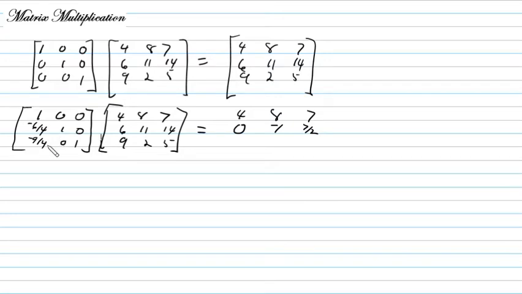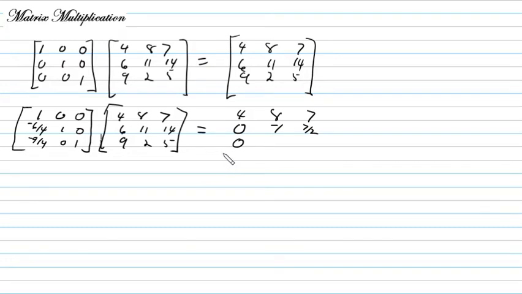Notice? And then here, it's now going to be minus 9/4 of this row plus this row. In other words, this row minus 9/4 of that row. So I'm just checking to make sure it's correct, right? I'm going to multiply minus 9/4 times 4 and add it to 9, and I should get 0.